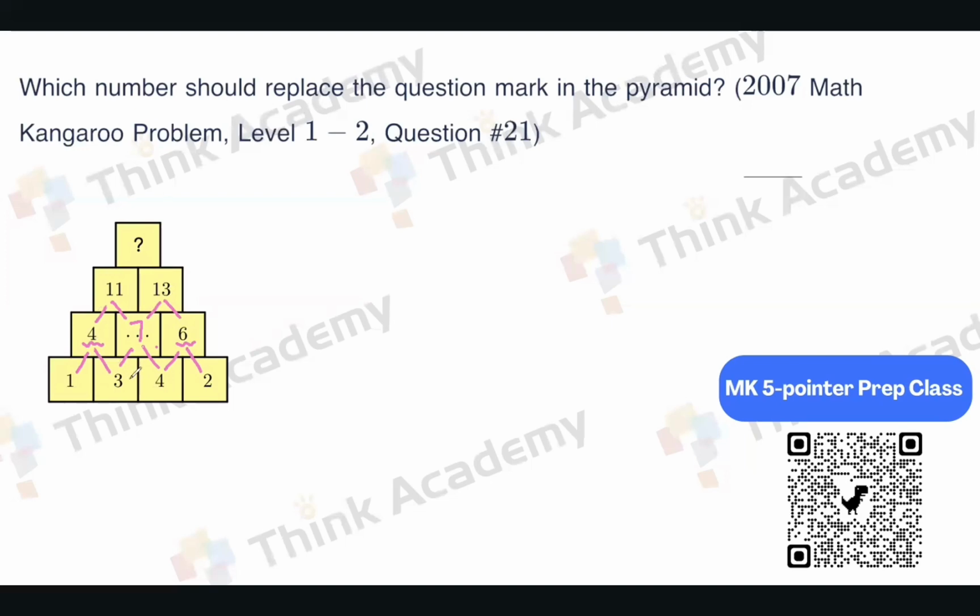So is this a pattern? Yes, the 2 bottom numbers adding up together give us the number at the top. So what is the number for the question mark? 11 plus 13. That will be 24 here, okay? So this is our final answer.